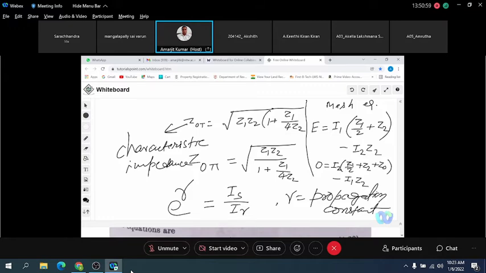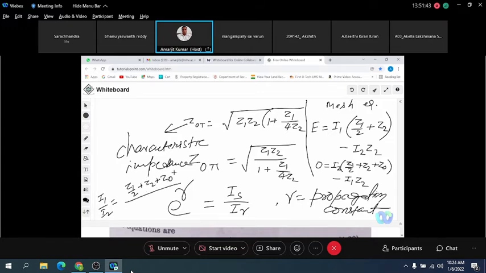So if these are correct, then can you calculate the ratio of current for defining the propagation constant? What will be I1 divided by I2? From equation number 2, I1 divided by I2 will be equal to Z1 by 2 plus Z2 plus Z0, divided by Z2.